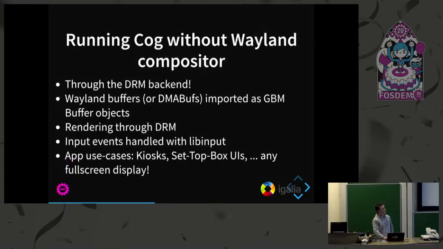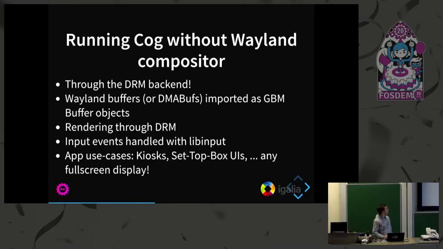As a basic requirement, you need a Wayland compositor to run Cog, but recently we wrote a new backend that leverages the DRM architecture, and thus we don't require a Wayland compositor.